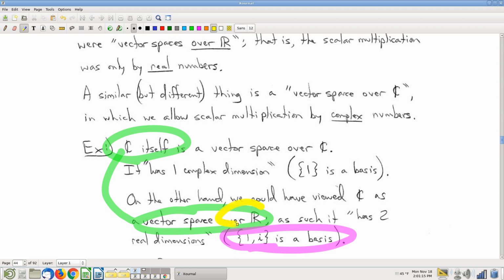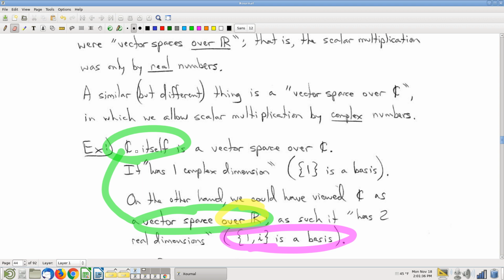Right? And so you can convince yourself without too much trouble that the numbers 1 and i are independent and that they span the complex plane over real scalars. Okay, all right, so clearly two-dimensional because I have two vectors in this basis. So big difference between complex scalars and real scalars.